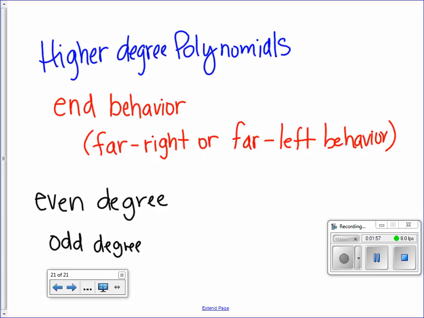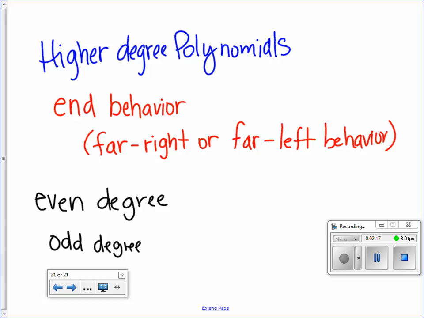So if the highest exponent is like x squared, it's even degree. If the highest exponent is x to the fifth, then it's odd degree. Whatever the highest exponent is, it's either an even or an odd number, and that determines if it's an even degree function or an odd degree function.